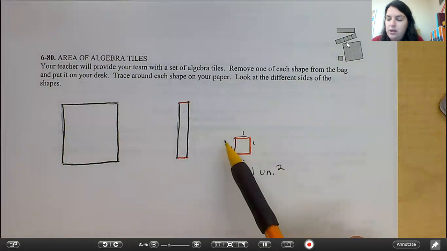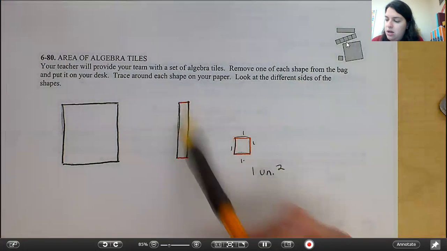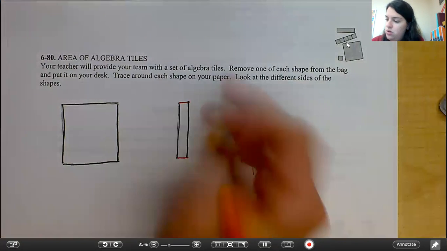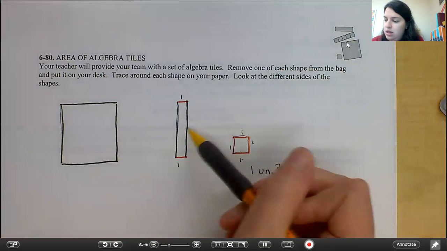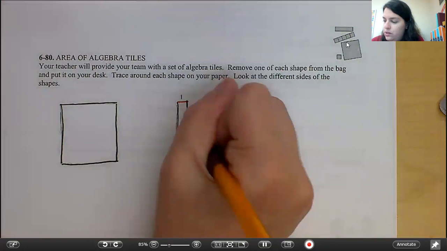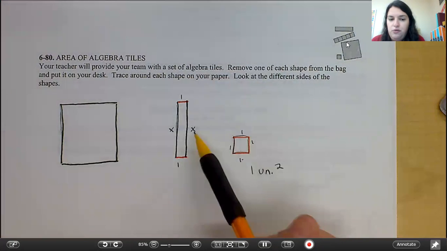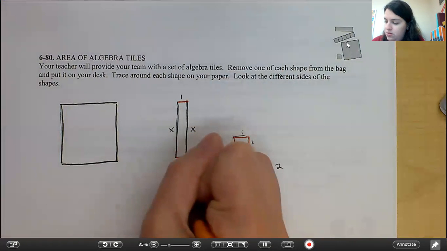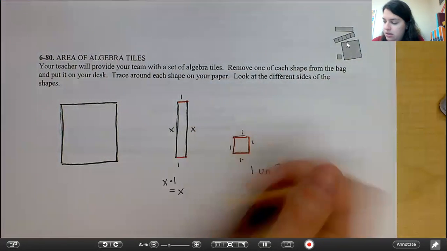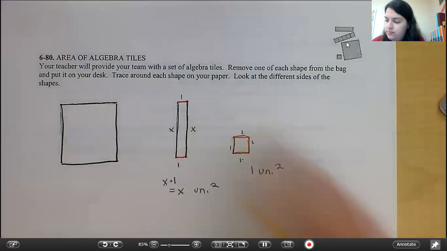From comparing our side lengths, we know that the short side lengths on the rectangle are also going to be 1s. This is an unknown, so we're going to make it x. For the area, we could do x times 1, which is just x units squared.